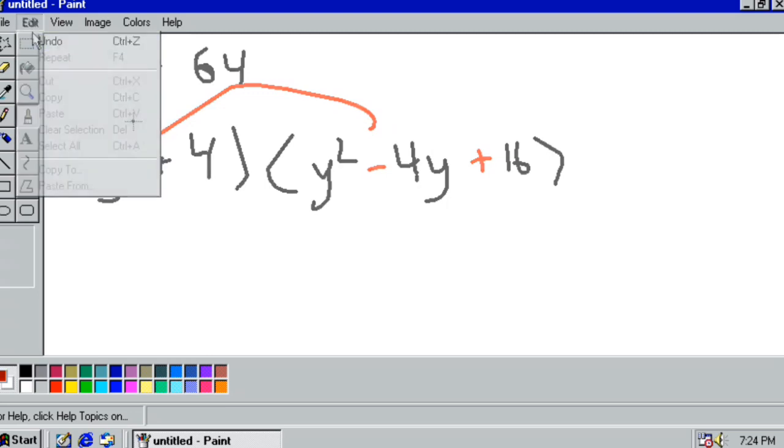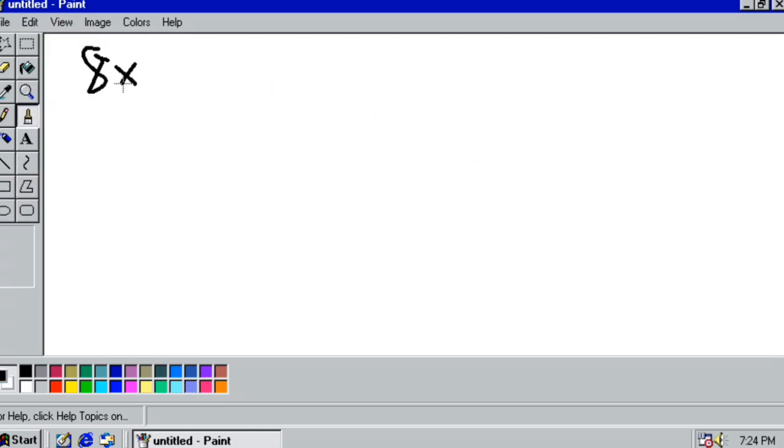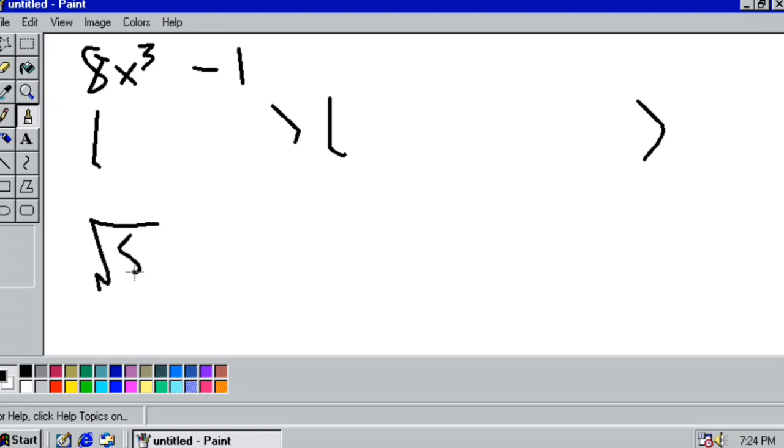Now let's say we have 8x cubed minus 1. How are we going to solve this? You can try it if you want. Let's first find the cube root of 8x cubed. The cube root of 8 is 2. The cube root of x to the 3 is just x.